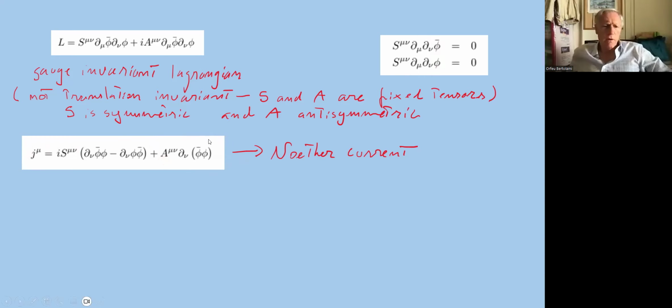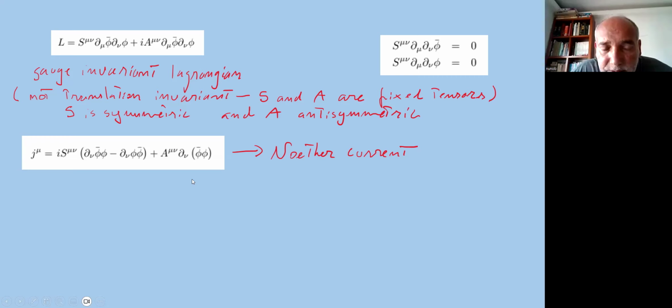Sorry, your Lagrangian density doesn't have... Well, the first term is not obviously symmetric. It should have another term in which you switch phi bar with phi in order to be symmetric, and this would mean that in the second term you should have a minus term like that, so that it is antisymmetric. That's what you mean? I beg your pardon.